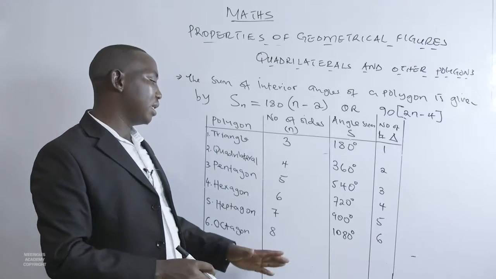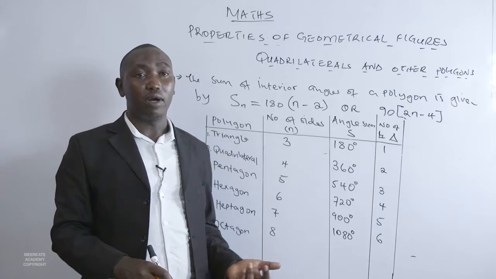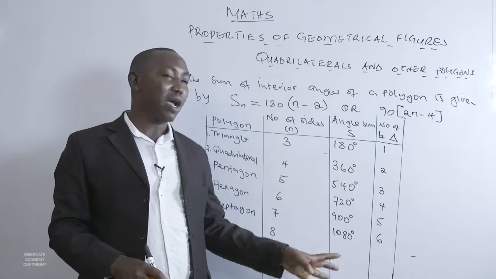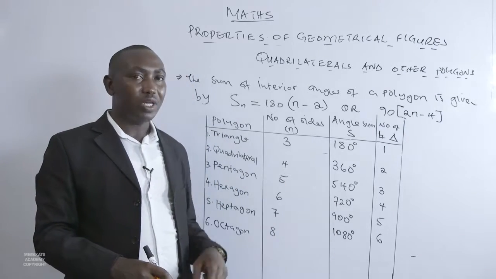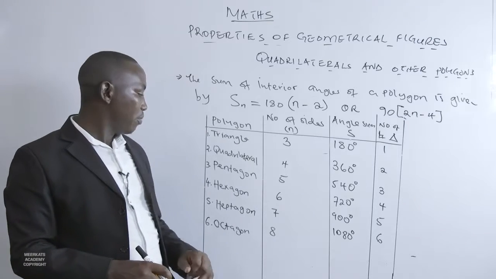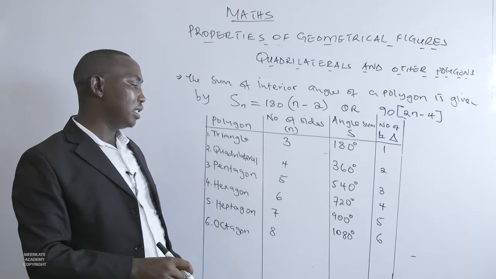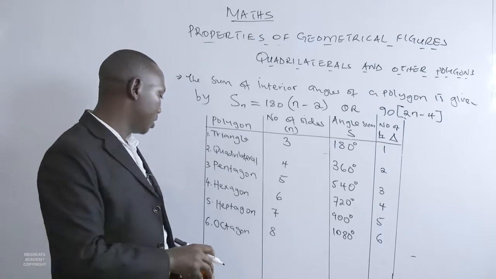And this will tell us that in an octagon, it has got 6 triangles, and each triangle is 180 degrees. Therefore, internally, it's going to have 1080 degrees.